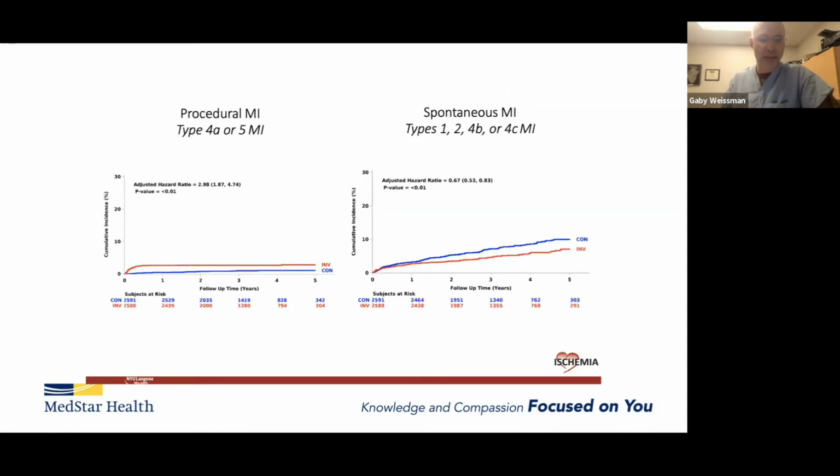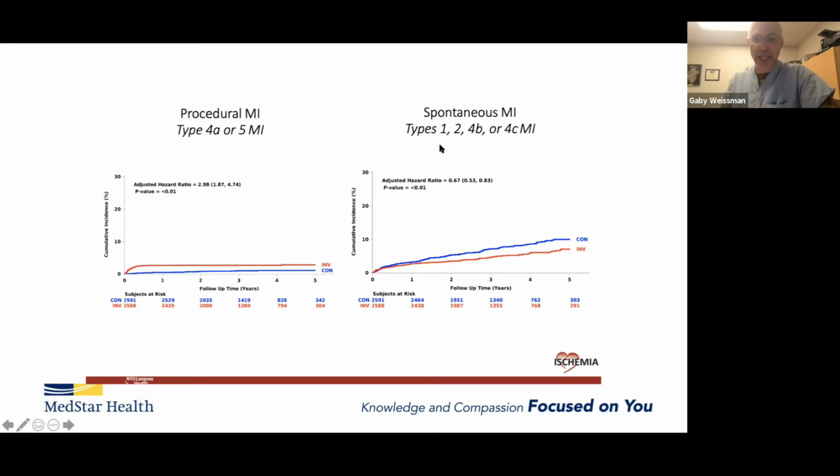However, the interesting thing about this was that if you break down some of these outcomes and look at MIs specifically, what you see is the post-procedural MIs, meaning you take the patient to the cath lab, you do a procedure, and then there's a troponin positive the next day. You had more of that in the invasive group, which makes sense. You're doing a procedure that could lead to a little bit of stuff going downstream and lead to a troponin rise. So that's not necessarily unexpected.